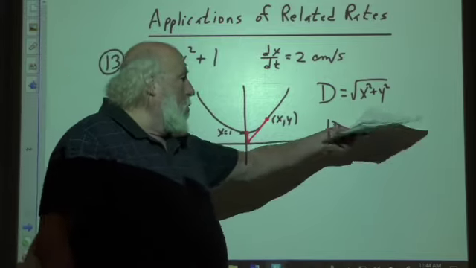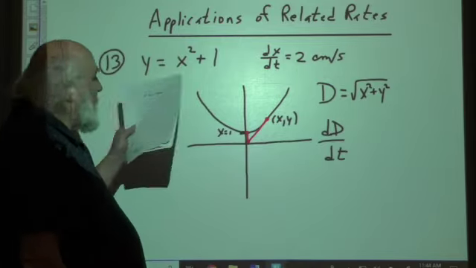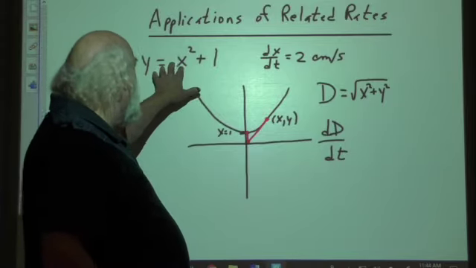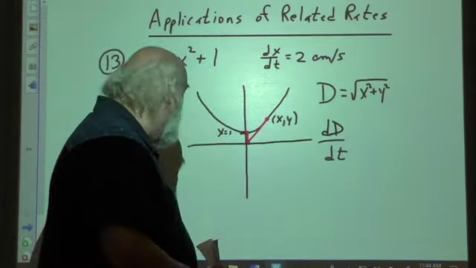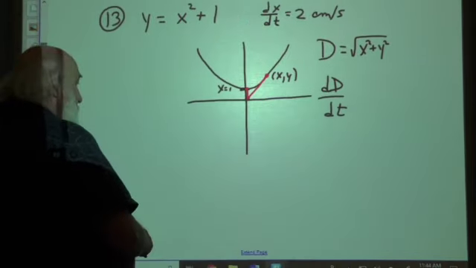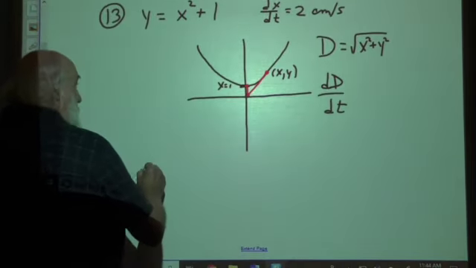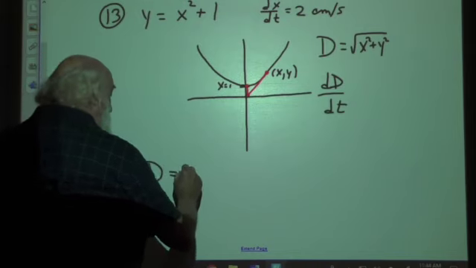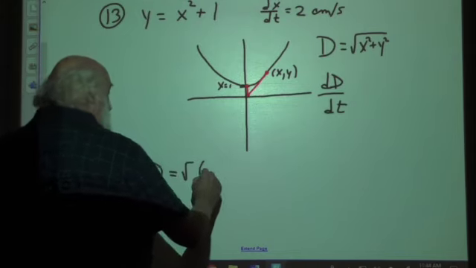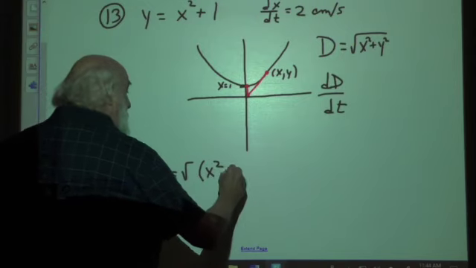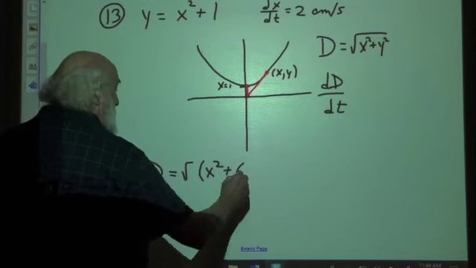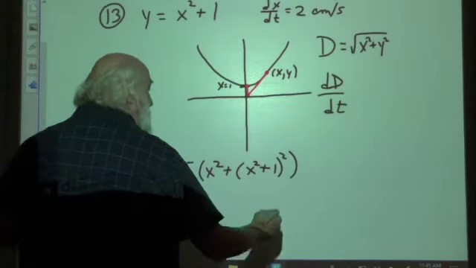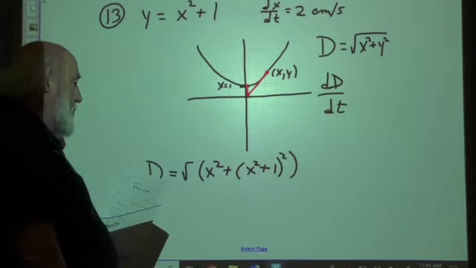Now we got an x squared and a y squared. That's going to make life really difficult, but we can make life a lot simpler by taking this y here and plugging in the x squared plus 1 for that one right there. So I'm going to put that underneath the problem here. So D is equal to the square root of x squared plus, and then this becomes x squared plus 1 quantity squared, close parentheses.